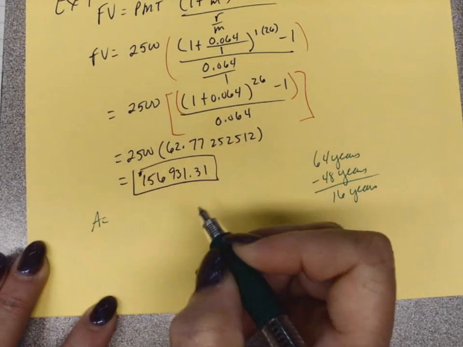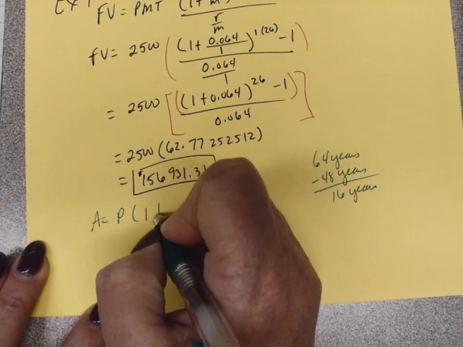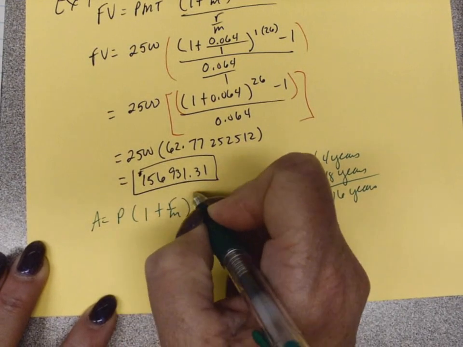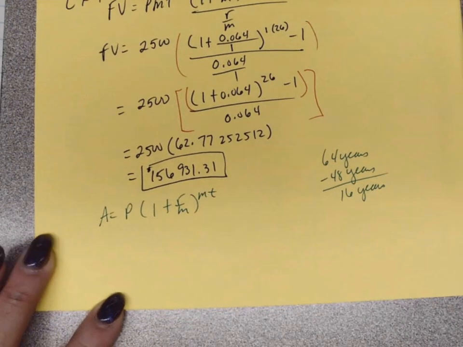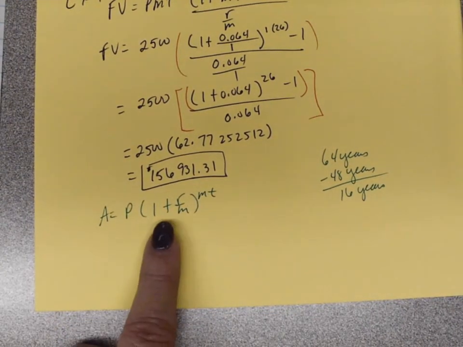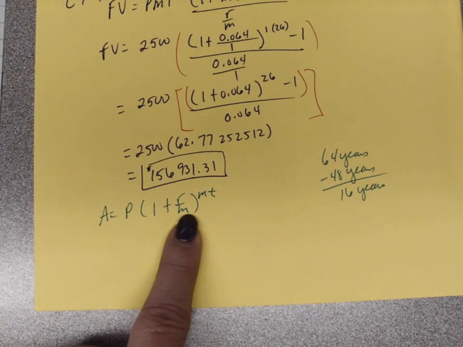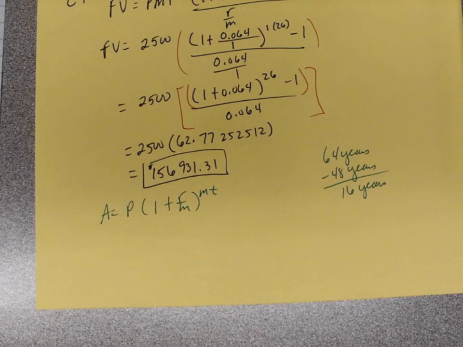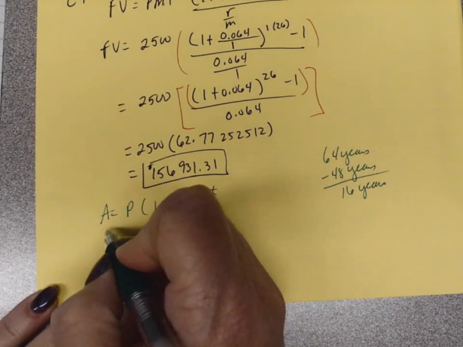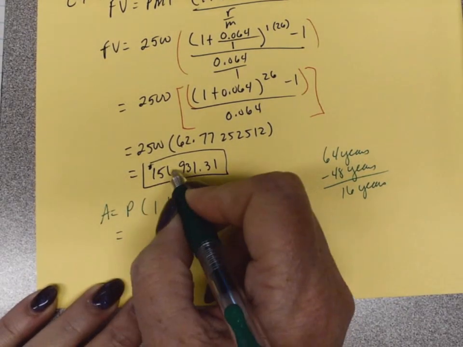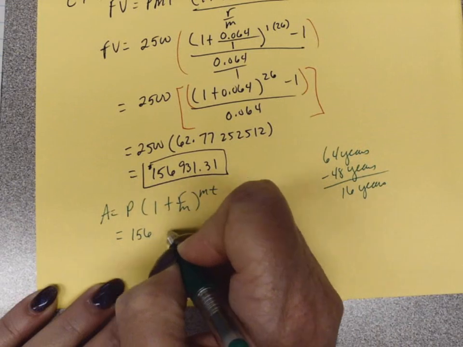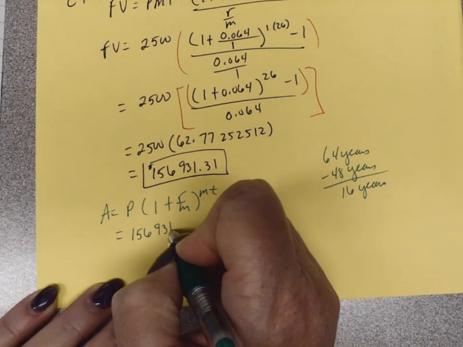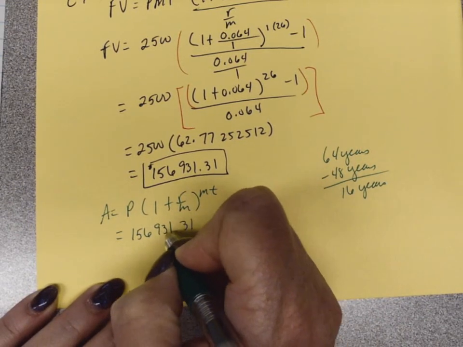So here we're going to use A equals P times 1 plus R over M raised to the MT, because that's our accumulated value, and we have the M, which is annually, is going to be 1. All right, so in the account, we're starting with our principal of $156,931.31.